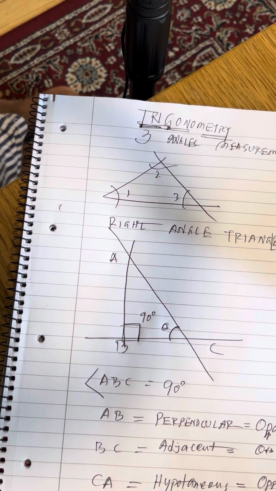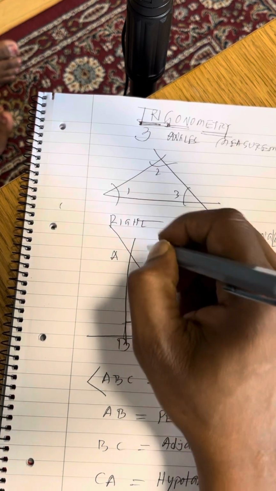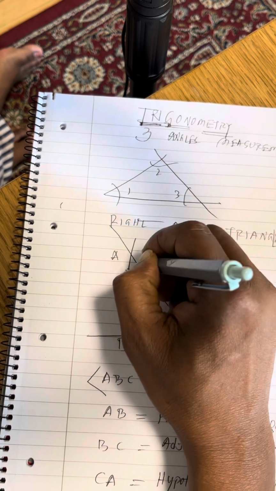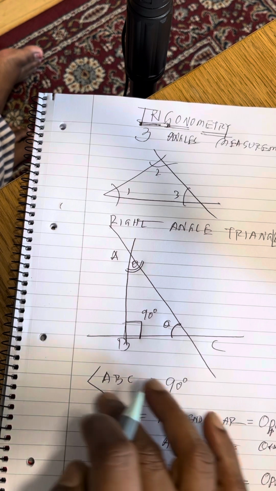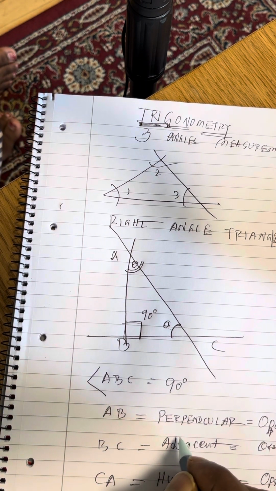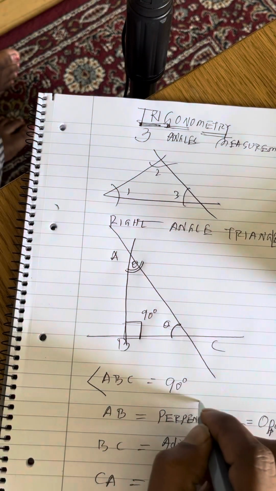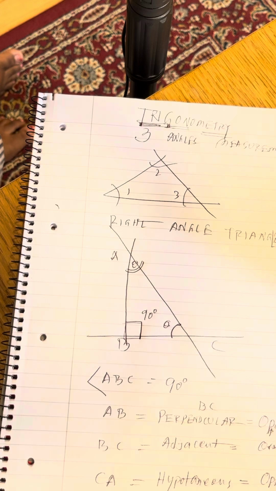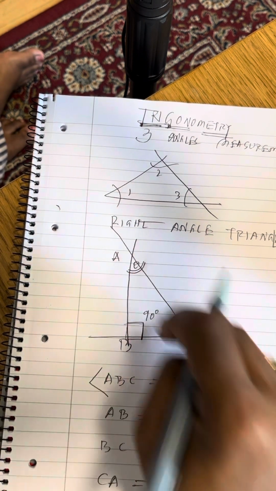So if theta is not here, say theta is here, then this scenario will change. Then the perpendicular will be BC, the opposite of theta. I can put a double marking so they can understand.